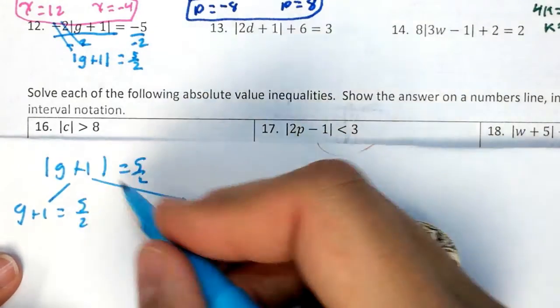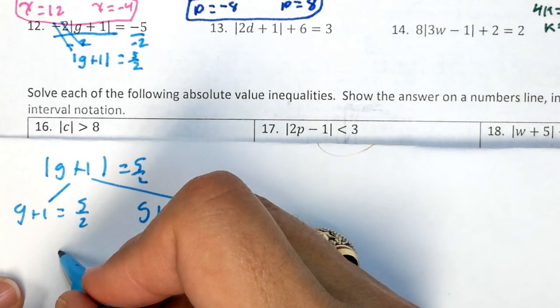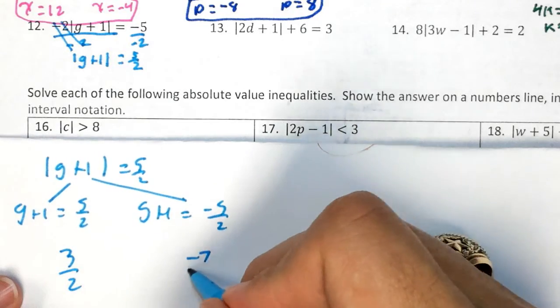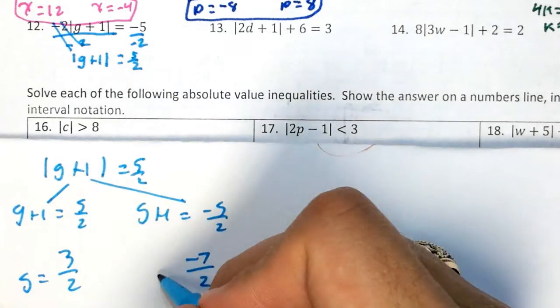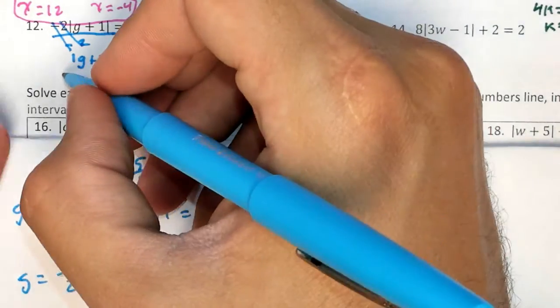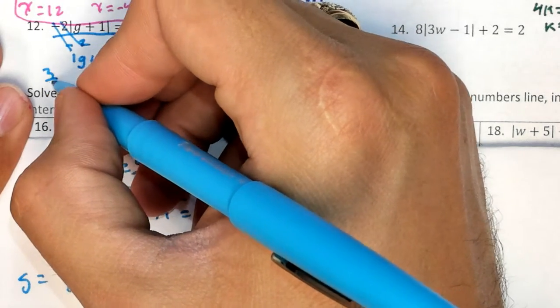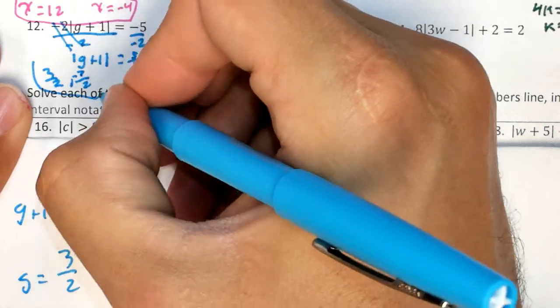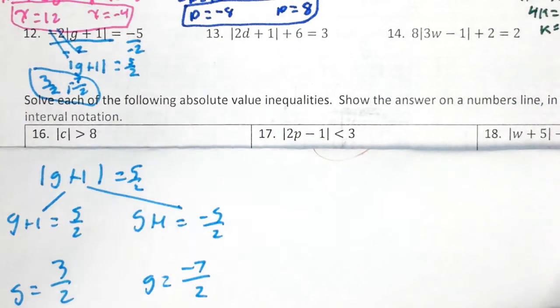And when I solve this, I'm going to subtract 1 from both sides. So I get 3 over 2 here and negative 7 over 2. G equals that, g equals that. So 3 over 2 and negative 7 over 2. Sorry, not a lot of room.